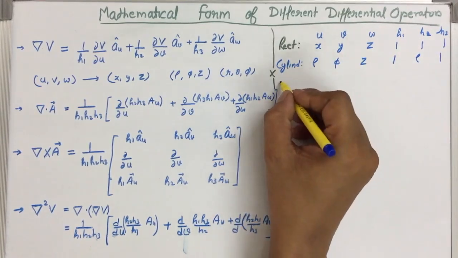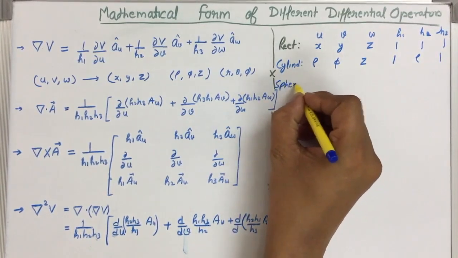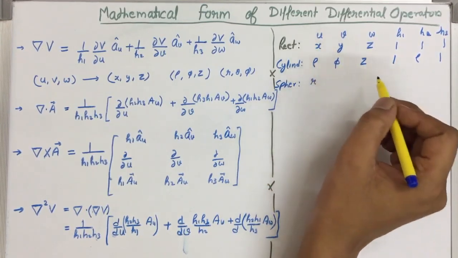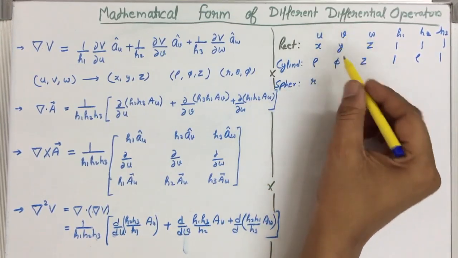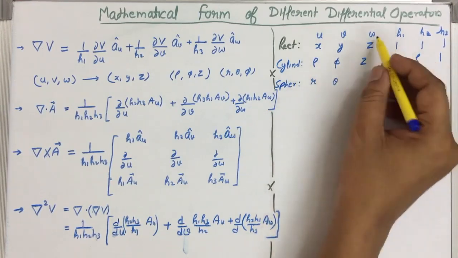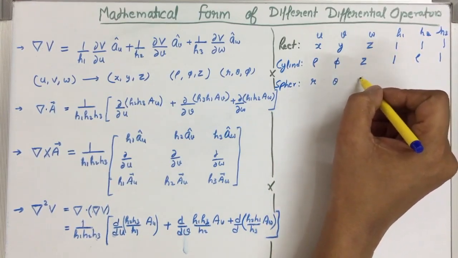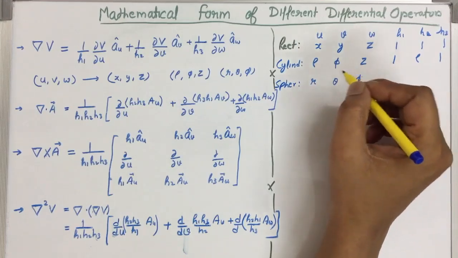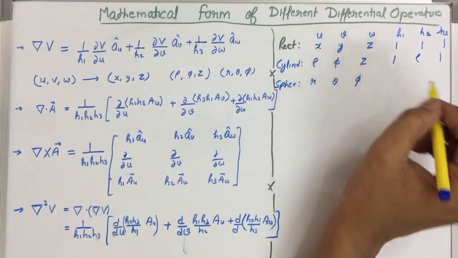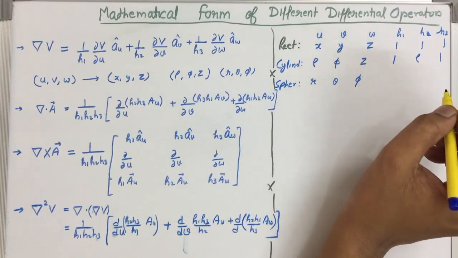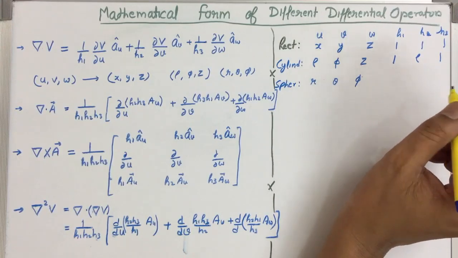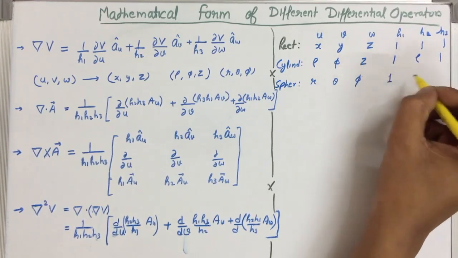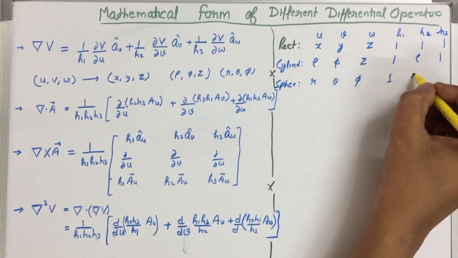What about the spherical case? u will be the radius of the sphere, v will be theta and w will be phi, in the xy plane the angle made by the position from x-axis. And h1, h2, h3 will be 1, r, r sine theta, relating from the previous study.